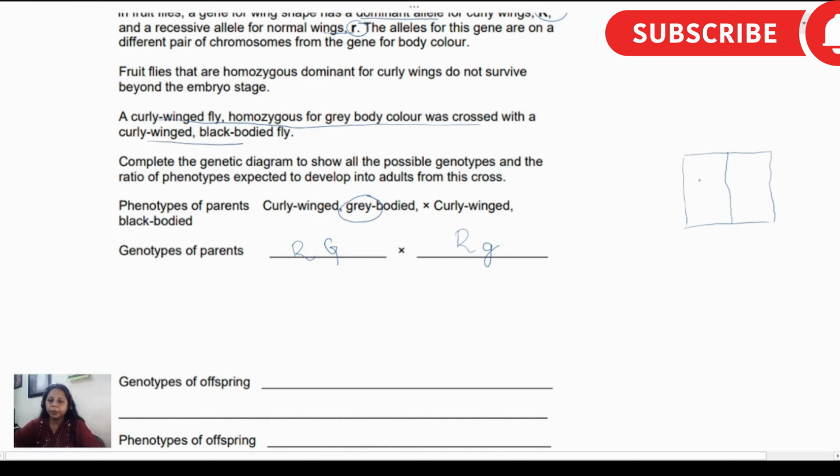Okay, it's homozygous. It's mentioned homozygous: capital R capital G, capital R capital G, and here we have capital R small g and capital R small g. Now make a cross of it. Can you do the cross by yourself? Okay.